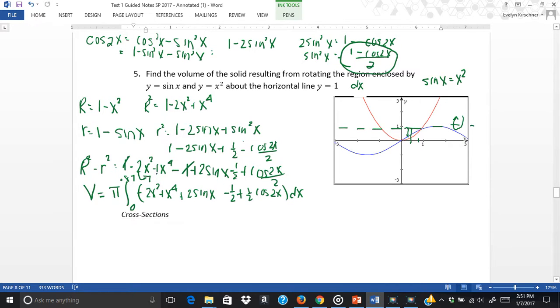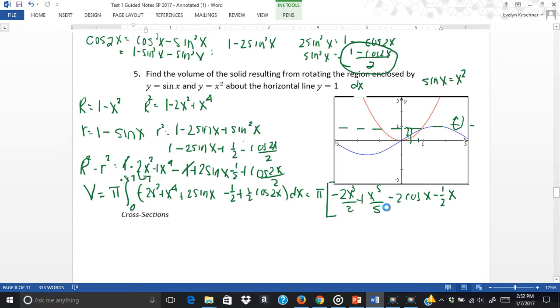So if I go ahead and integrate all of this, this one's pretty easy. So I have pi times negative 2x cubed over 3 plus x to the 5th over 5. The integral of sine x is negative cosine x, so it's minus 2 cosine x minus 1/2 x.